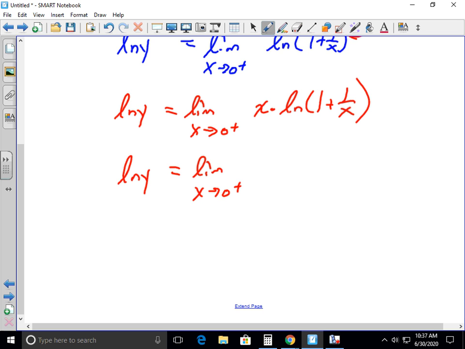Well, we can do this. We can leave natural log on top, and multiplying by x is the same as dividing by 1 over x. So instead of multiplying by x, divide by 1 over x, now we have a fraction.